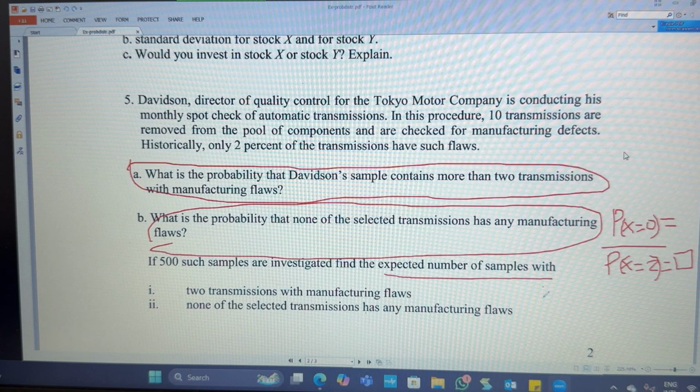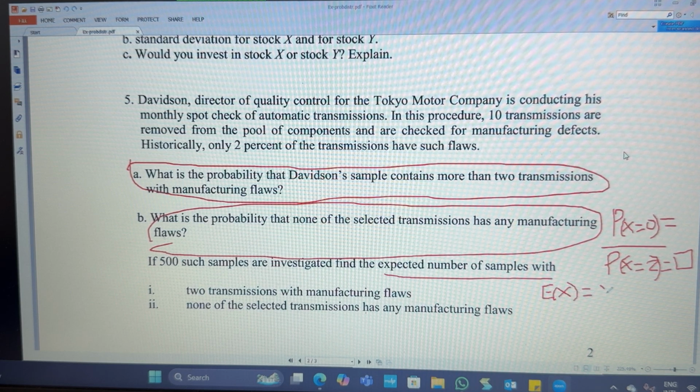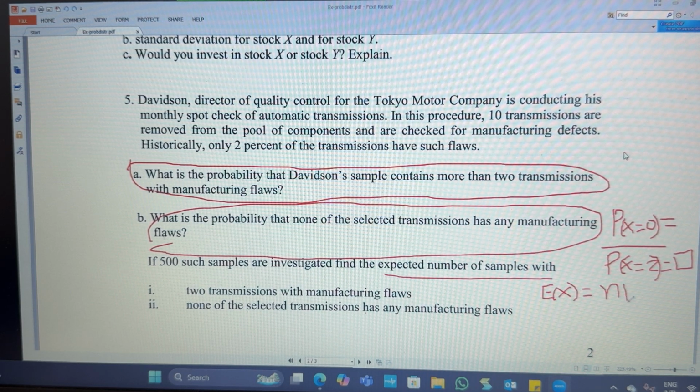Expected number, as I told, E of x equals NP, where N means 500. Whatever probability answer you find here, please do it as homework. Then you multiply, and that would be the answer.